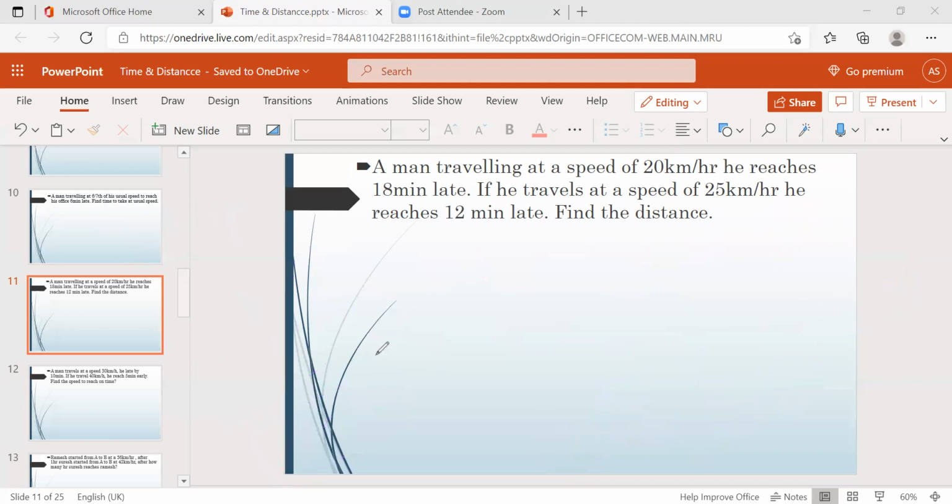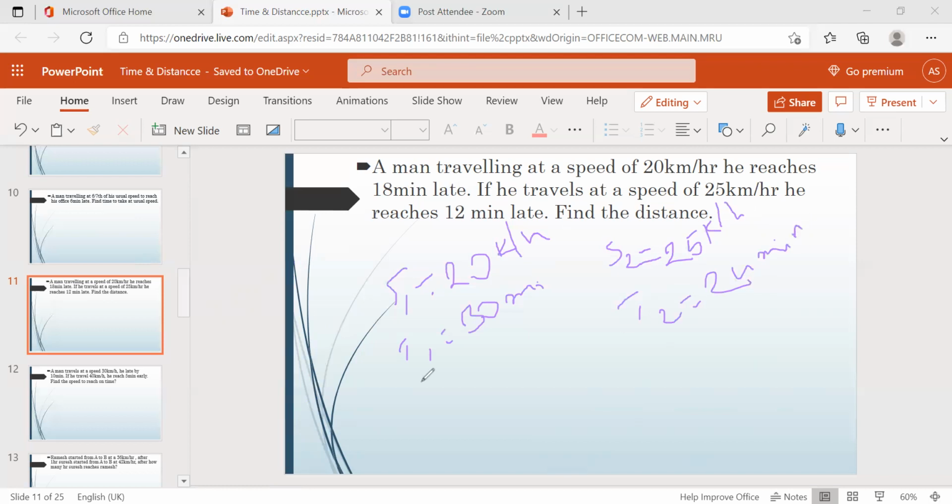So speed 1 is 20 kilometers per hour and time 1 is 30 minutes. Speed 2 is 25 kilometers per hour and time 2 is 24 minutes. Now we know the distance formula: distance equals speed into time.